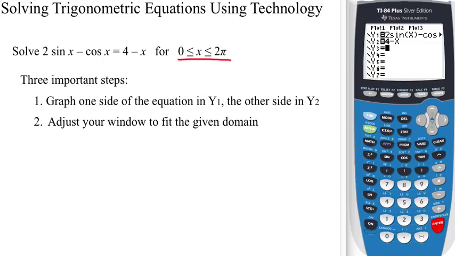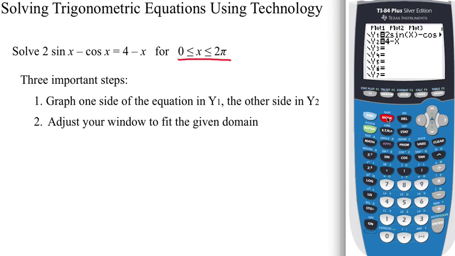So instead of getting every possible answer, which there's actually an infinite number in this case, and trying to decide which ones work, I'm going to adjust my window, and instead of the x going from negative 10 to 10, I'm going to adjust it so it goes from 0 to 2 pi.